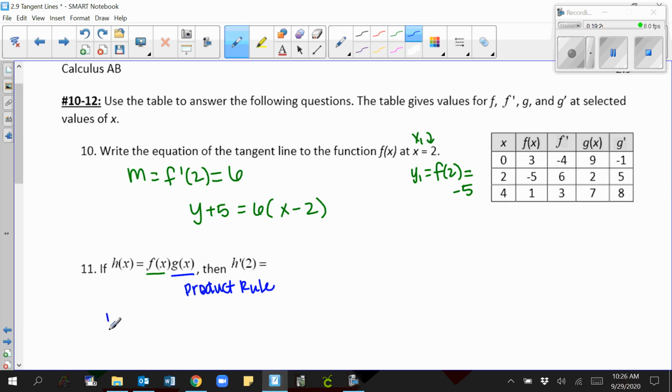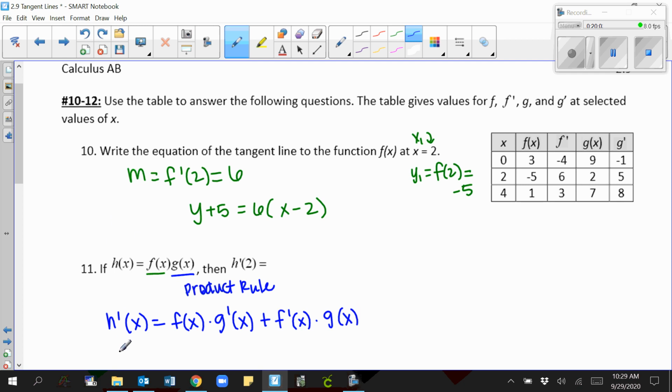So to find h prime of x, h prime of x is equal to the first, so f of x, times the derivative of the second, so g prime of x, plus the derivative of the first, so f prime of x, times the second, so g of x.